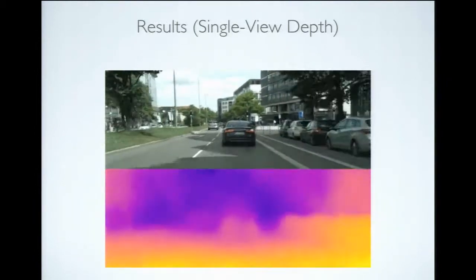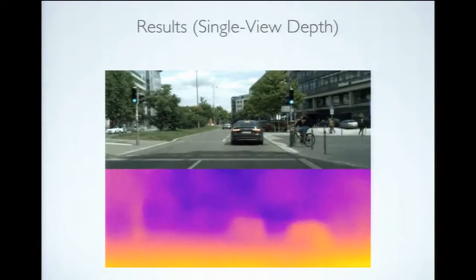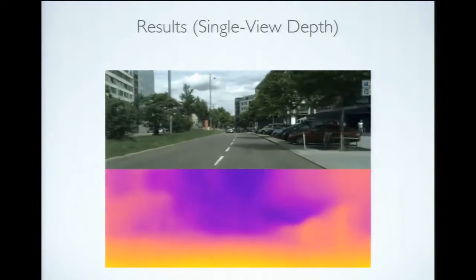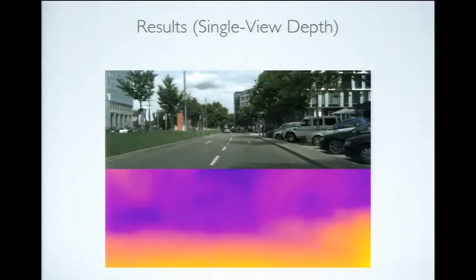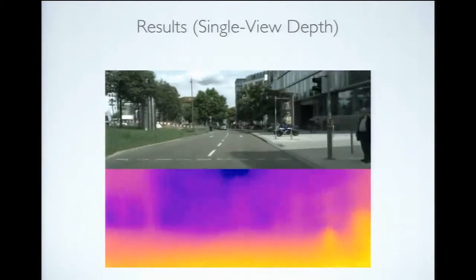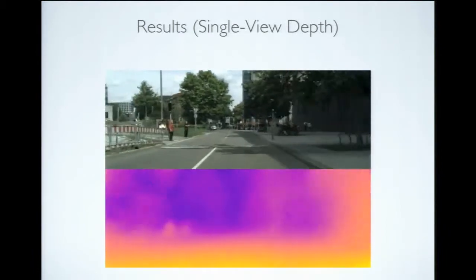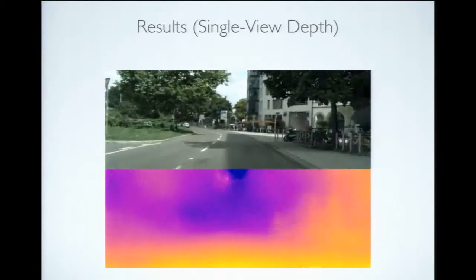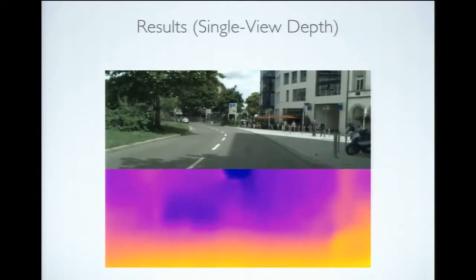Can you show it with a warping detection forward? Oh, like the projection errors? Yeah, I should show that somewhere. How should I compare it to classical approaches? Well, this is single view depth, right? So classical approach would not be able to do it. You have to do learning.